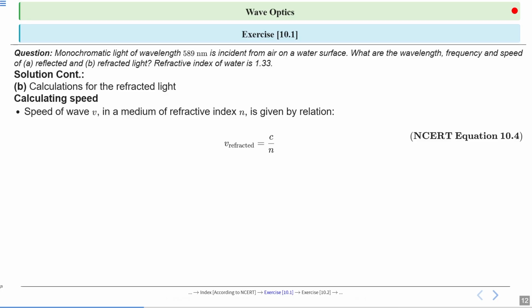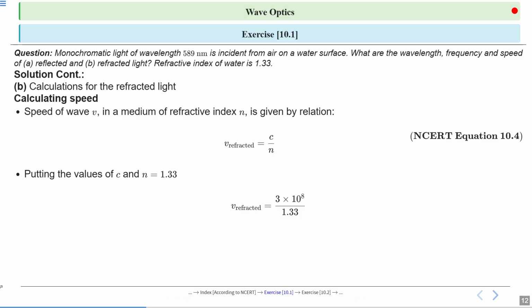c is the speed of light in vacuum and n is the refractive index of the medium, according to NCERT equation 10.4. So let's substitute the values into the formula. We know c is 3 into 10 to the power 8 meter per second, and the refractive index n for water is given as 1.33. So the speed of refracted light is 3 into 10 to the power 8 divided by 1.33.